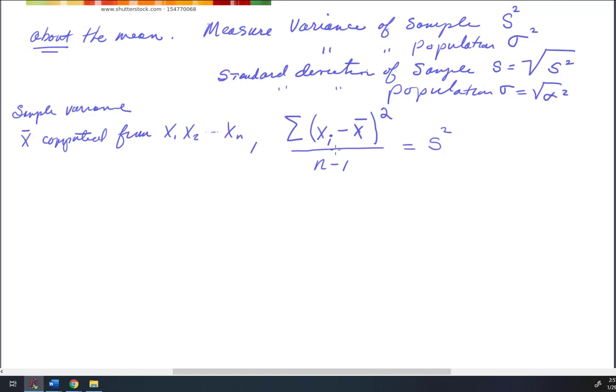There is an algebraically equivalent formula that if we're doing these computations by hand, and I hope you're not, other than teeny tiny sets that we use for illustration, but even for a set of 10 or 12 data pieces, if you're going to do this by hand, it's going to be much better to use this formula: n sigma x squared minus sigma x, squared, divided by n times n minus 1.